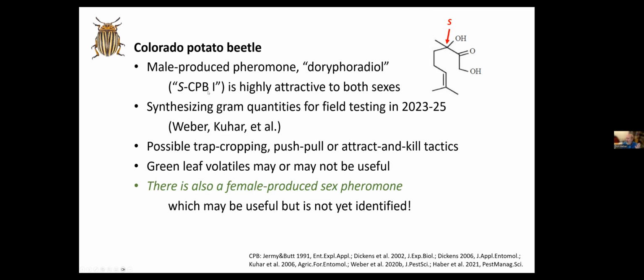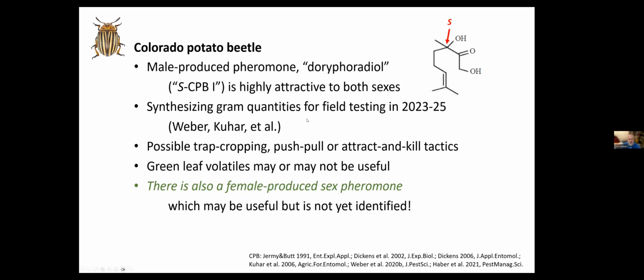Now, how's anybody going to remember that? So I'm going to call it doryphoridiol. I'm not going to explain why, but after you say that a few times, you'll get it. Anyway, this molecule is attractive to both sexes.